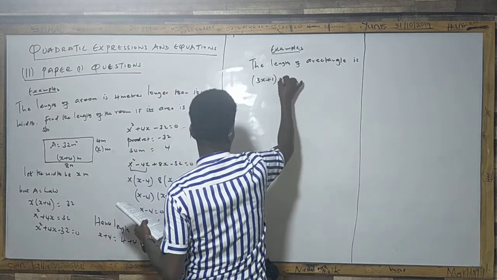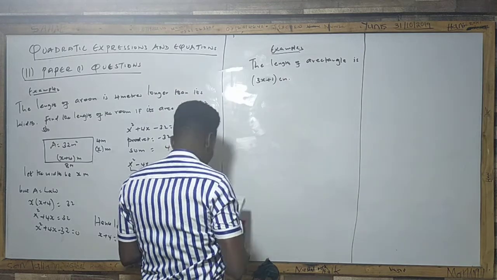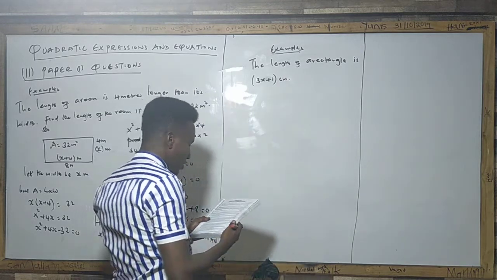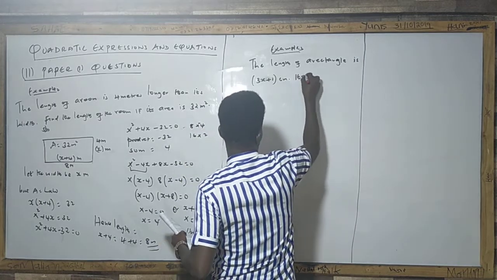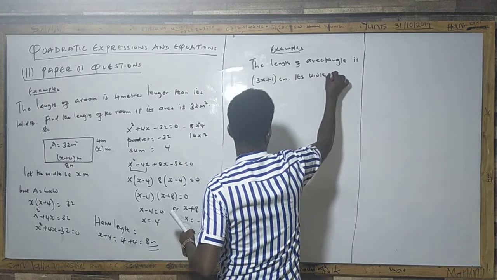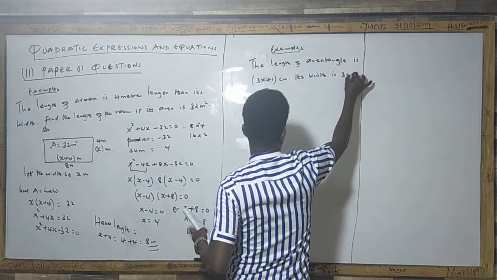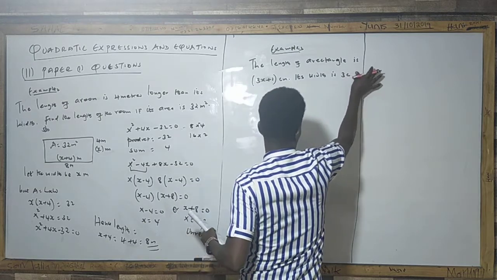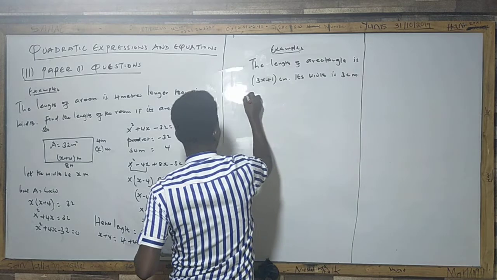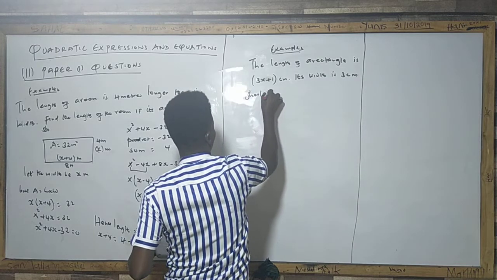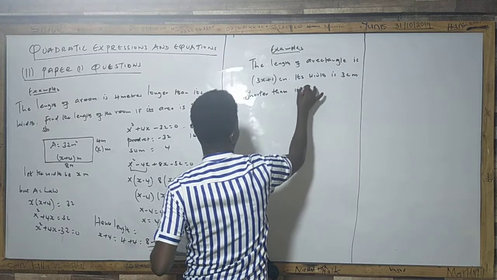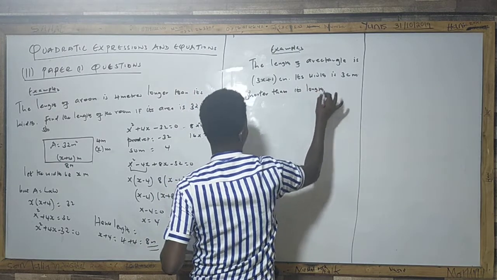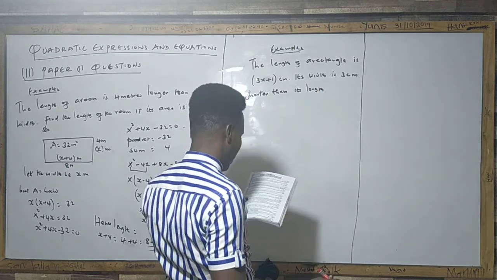The unit is centimeter, don't forget, full stop. You're told its width is 3 centimeter shorter than its length. Its width is 3 centimeter shorter than its length. Period.